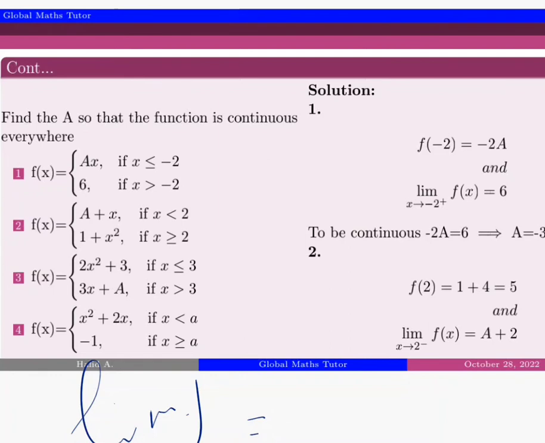It means when you substitute a, it will be a squared plus 2a, which is equal to this -1. So to be continuous, it should be equal to -1. Then solve for a from this equation so that this function is continuous.